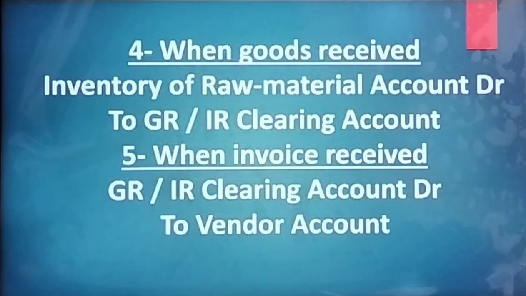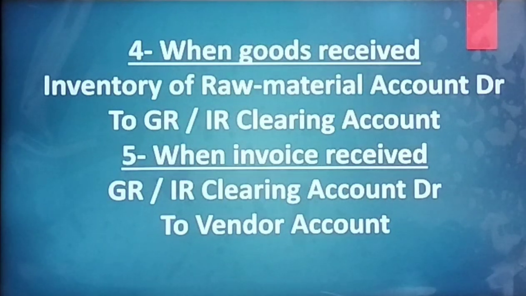Only when the goods are received are you liable to pay the vendor. That is, the inventory of raw materials account, or in other words the stock account, is debited and the GR/IR clearing account is credited. And when the invoice is received, the GR/IR clearing account is debited and the vendor account is credited.